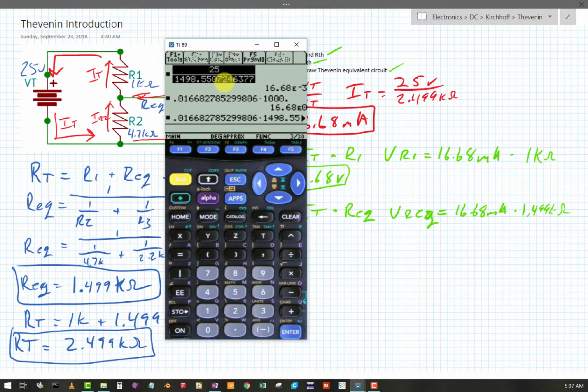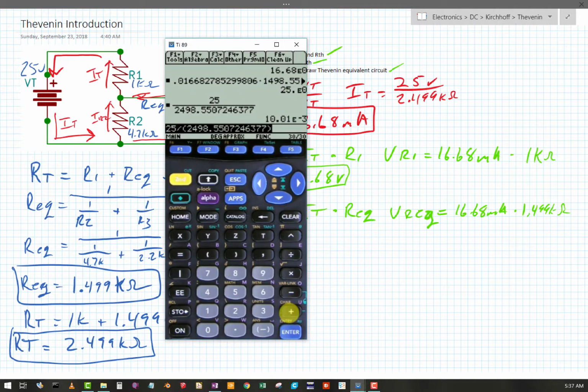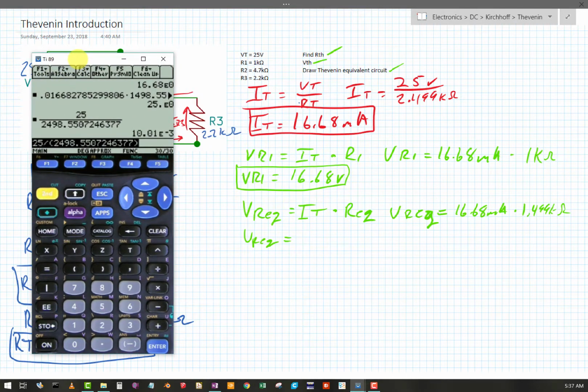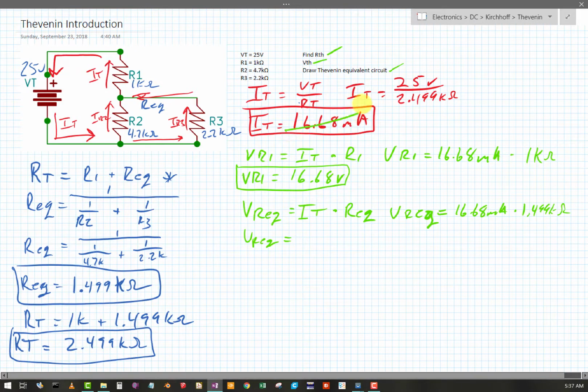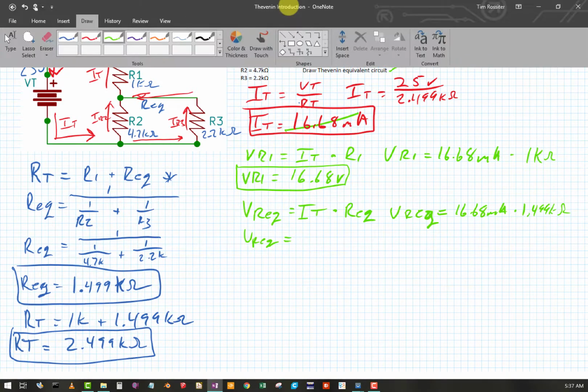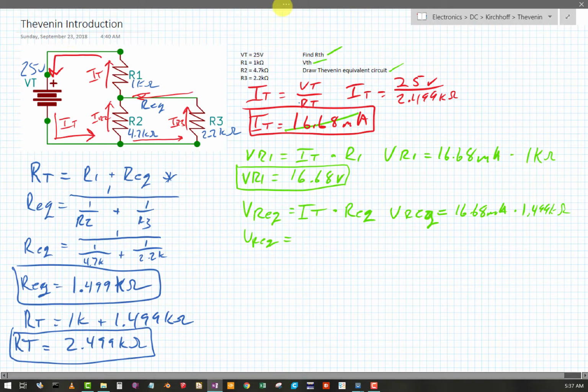So I did my REQ, not my R total, right here. Okay, let's get that fixed. So my current is wrong. I total is not that, because I wrote it down properly, which makes troubleshooting lots of fun.